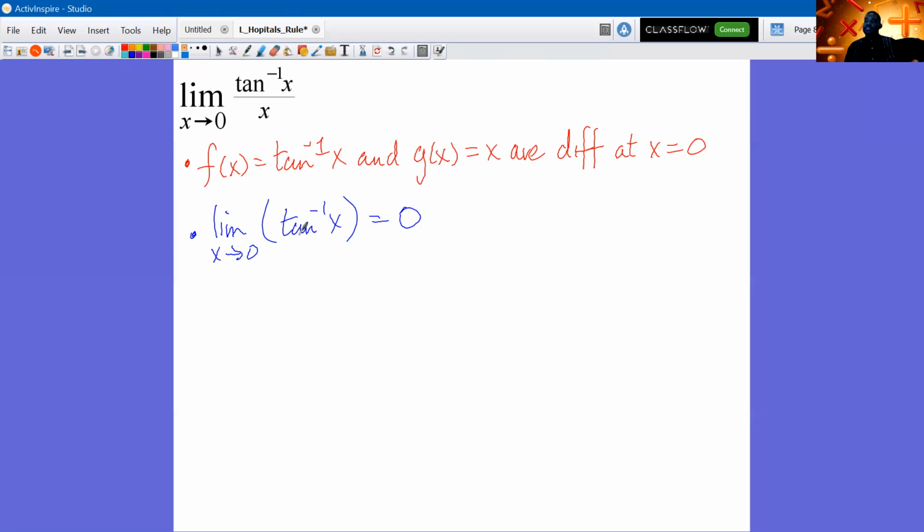So inverse tangent of 0 from inverse trig is 0 because we're at 0 radians, because we're looking for the angle that has a tangent value of 0. And then here, this is 0 as well. So I can use L'Hopital's rule.